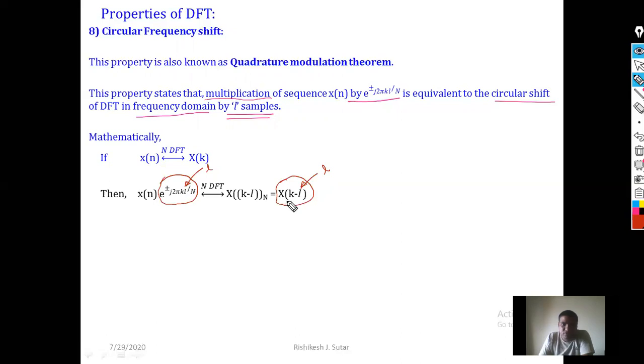So I can write here x of k minus l, and it is N-point DFT, capital N. So this is the circular frequency shift property.